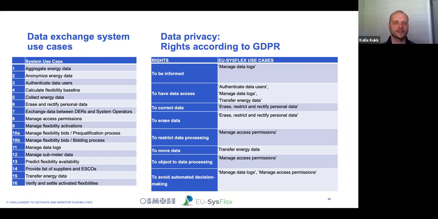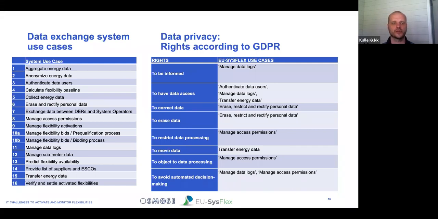But the other set here, you can see like anonymize energy data, or erase and rectify personal data, or transfer energy data. They are really general in that respect, that they are not linked to any specific business process. So they can work for any process, and even beyond our sector, the electricity sector, they can work everywhere.